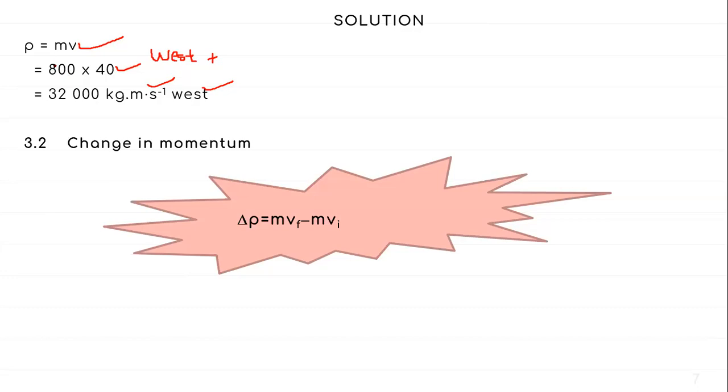Because when I increase the mass of the object, the product of the mass and velocity increases, and that product is momentum. If I decrease the mass of this object, then momentum is going to decrease. Why? Because the product of this mass and velocity is going to decrease.